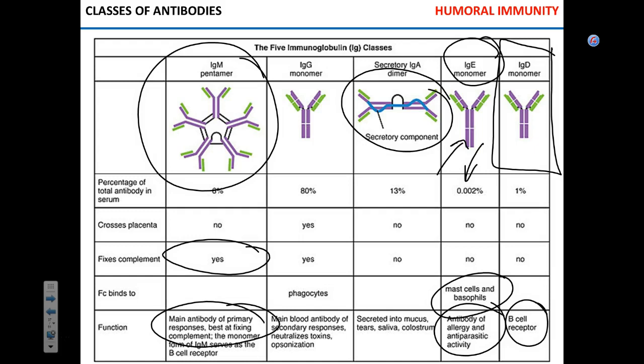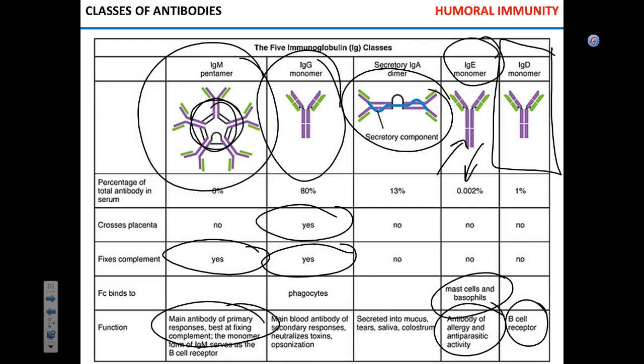Fixes complement very well. Finally, the most abundant is immunoglobulin G. So it is the only antibody that can cross placenta, and it can fix complement just as well as IgM does. Now, you see that in IgM, all Fc fragments are stuck together. So IgM does not bind to any cells. Now IgG does.